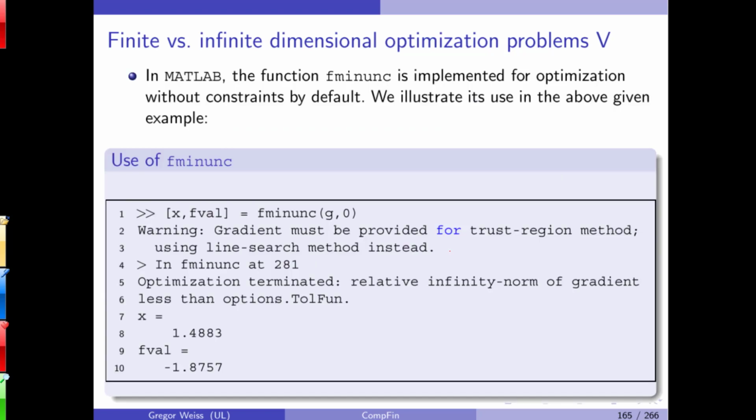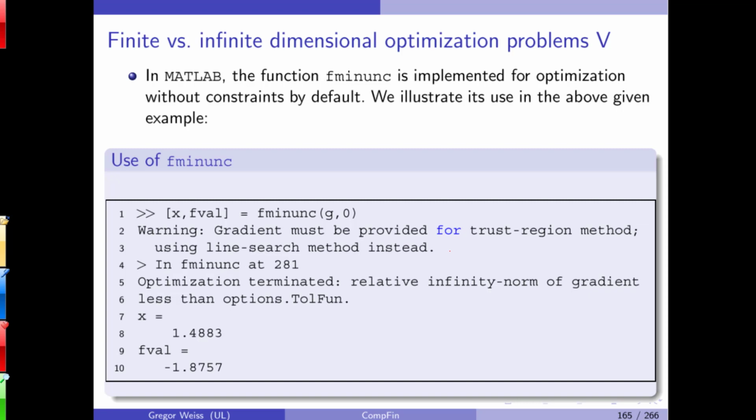Now in MATLAB, you can use fminunc for unconstrained function minimization. That's why it's fminunc: function minimization unconstrained, also ohne Nebenbedingung. And we use this by calling fminunc with g, and we'll start at 0. That's the starting value. And the results are written into x and fval.